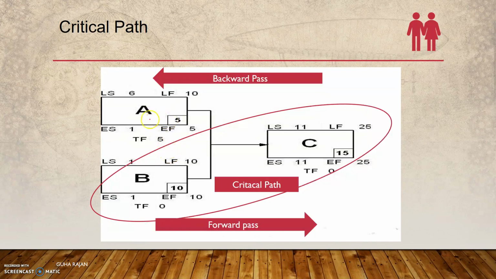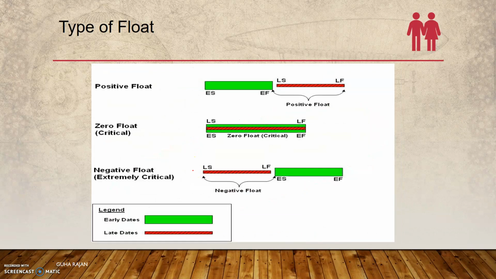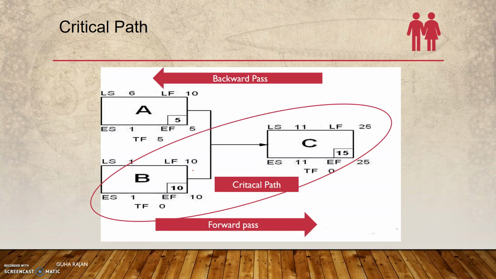Maybe if you want, the project manager can delay it by a couple of days. There won't be any issues as far as A is concerned. But B, if there is going to be a delay, then there are going to be challenges. So that is the positive float.